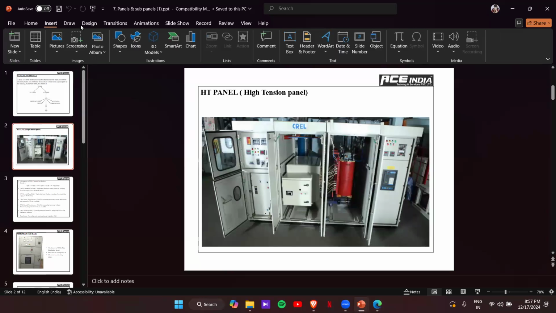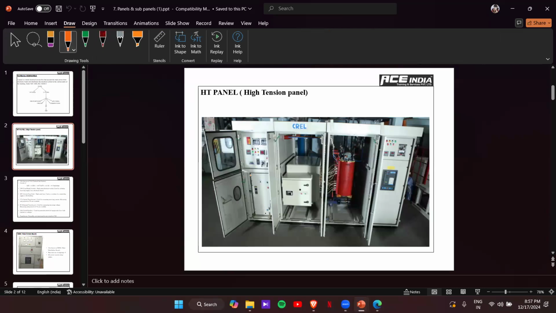Over here you can see our LBS side, our switch fuse unit, and this one is our transformer. This is a dry type transformer, or cast resin transformer. And this one is our circuit breaker. Normally you cannot see this, it will be closed, so you see a single panel, but actually this is the inside of the panel.